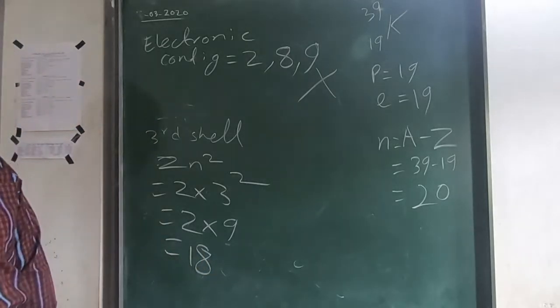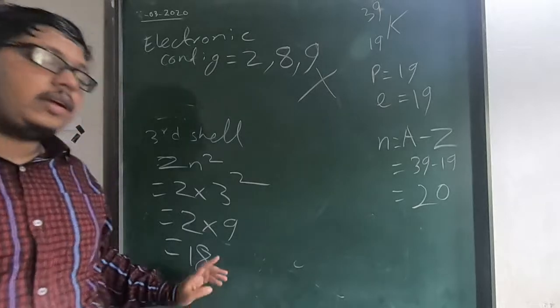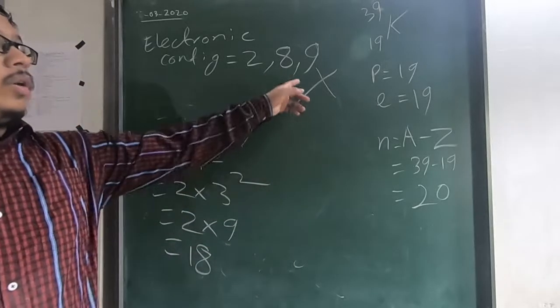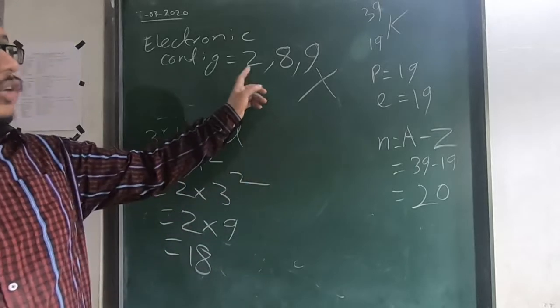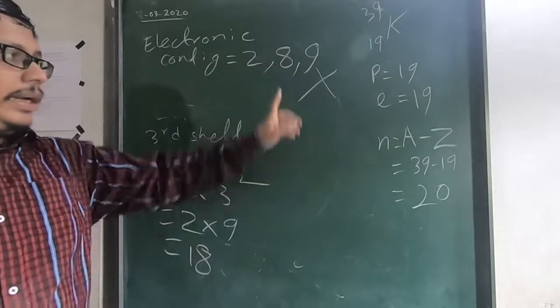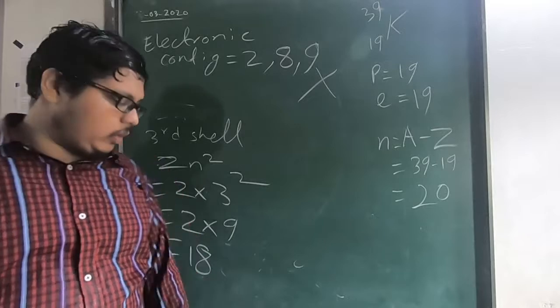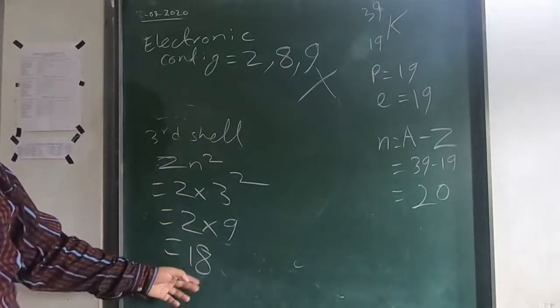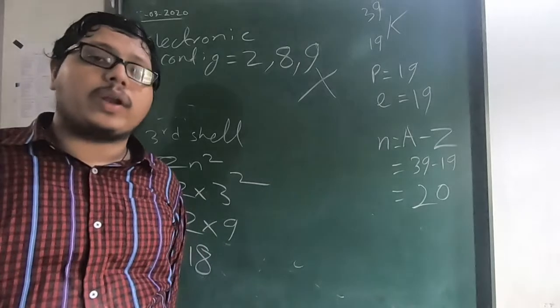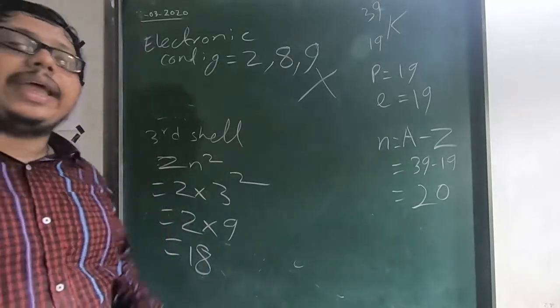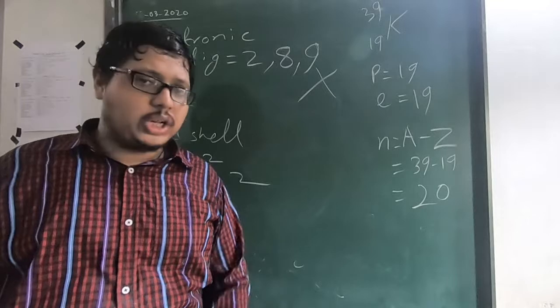Sir, 18. Is it not? So if 18 is the maximum capacity, why is giving 9 here a mistake? I am saying first shell 2, second shell 8 is correct. But why is 9 a mistake? I can give 18 in the third shell, as I know from the 2n square rule, right?